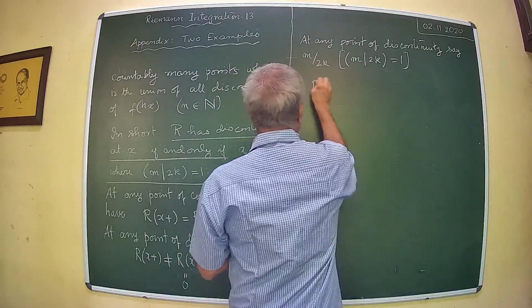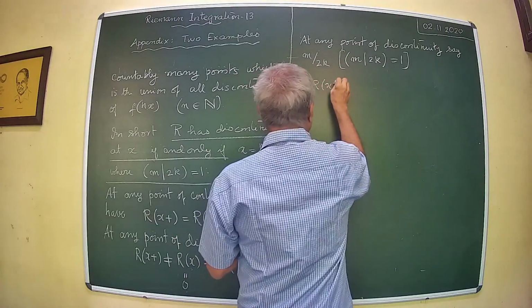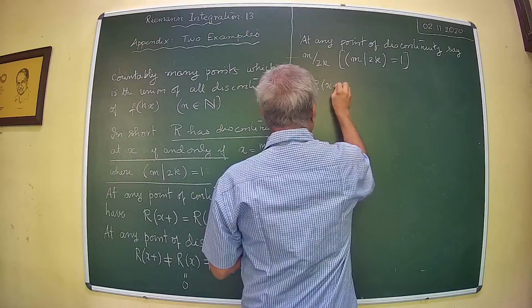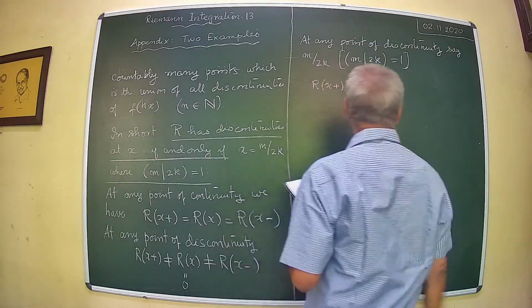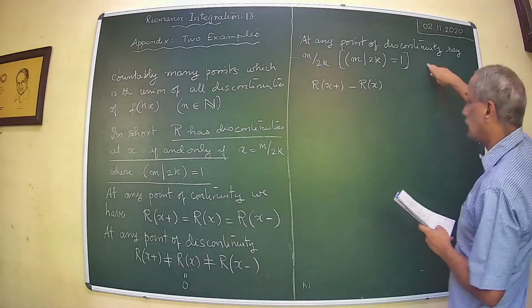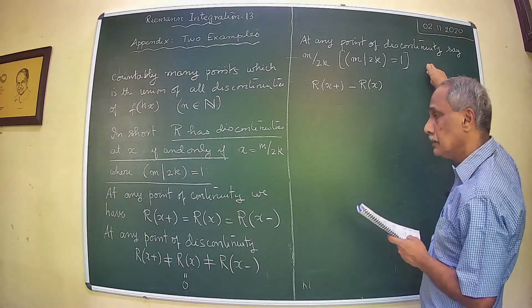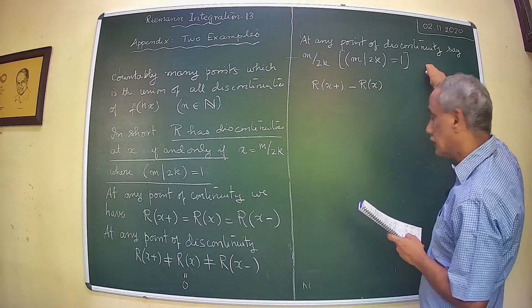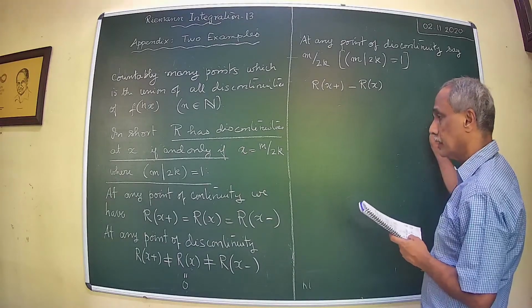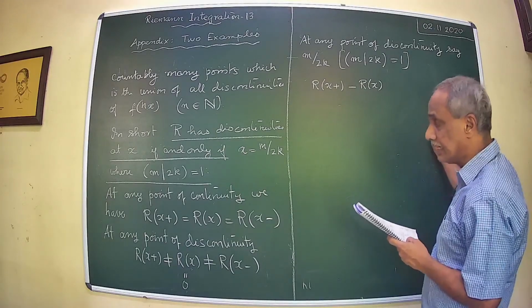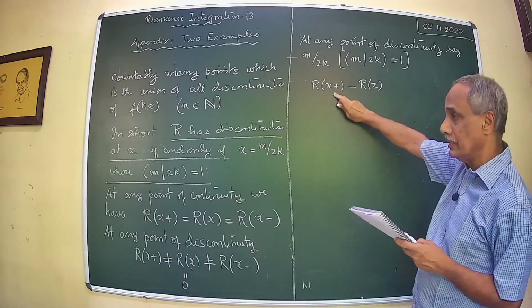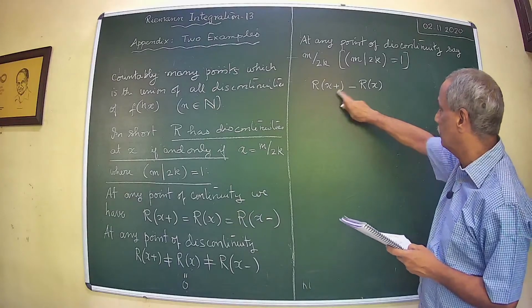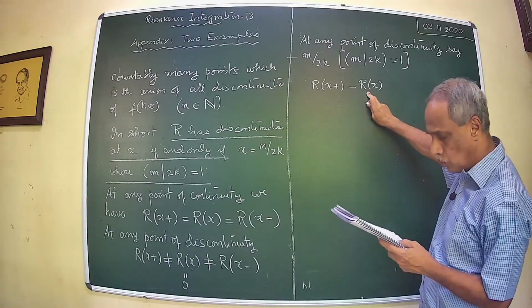You have Rx plus minus Rx. Now Rx plus, from the right hand side, has a negative value, whereas Rx is 0.